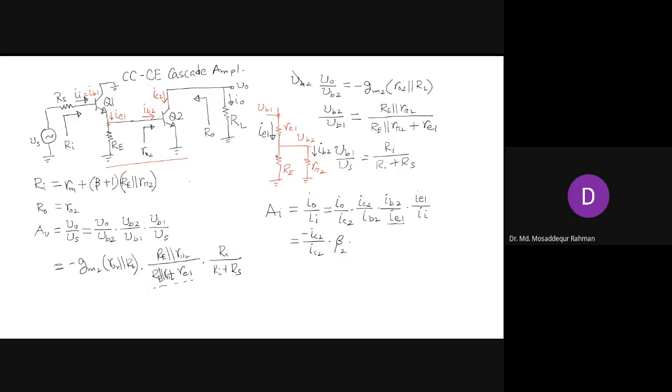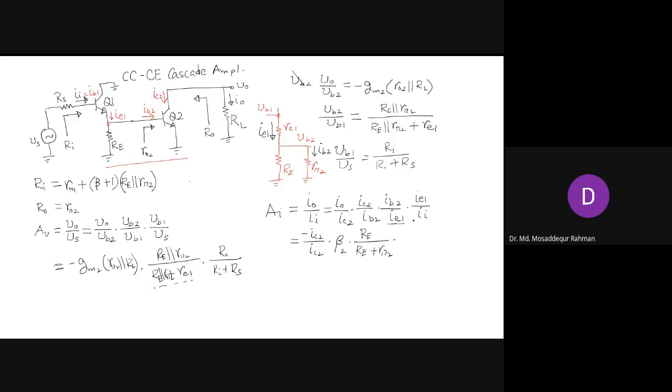Splitting, it's going through these two branches, right? So then what do you write? So IB2 by IE1, apply the current division rule, and it is just RE over RE plus R pi by 2, right?